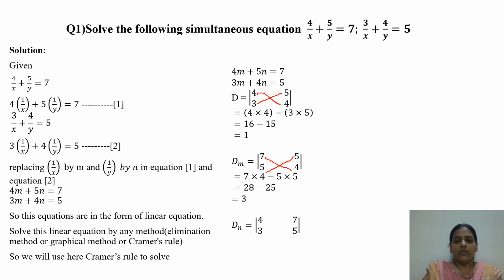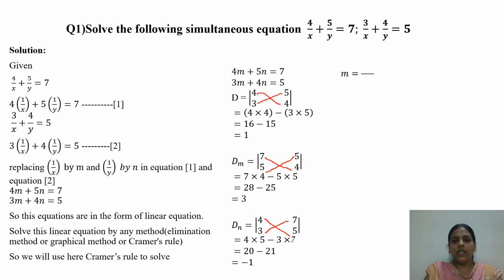So to calculate this, multiply 4 into 5 and 7 into 3. That is 4 into 5 minus 3 into 7. 4 into 5 is what? That is 20 minus 21. So 20 minus 21, what is your result here? That is minus 1. So this is the value of Dn.